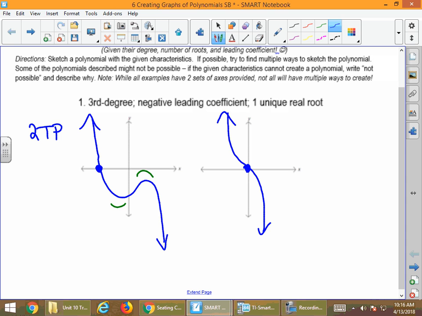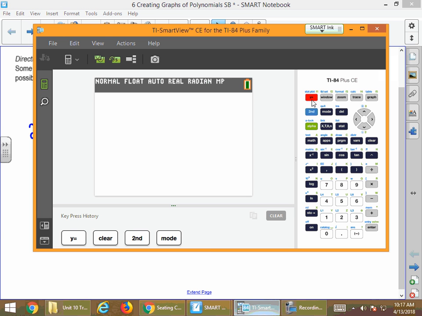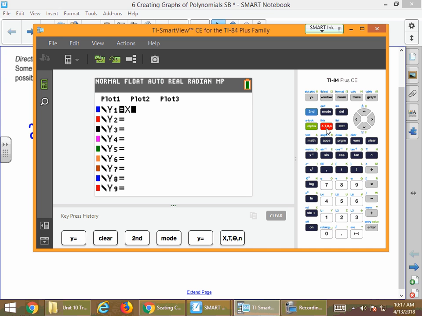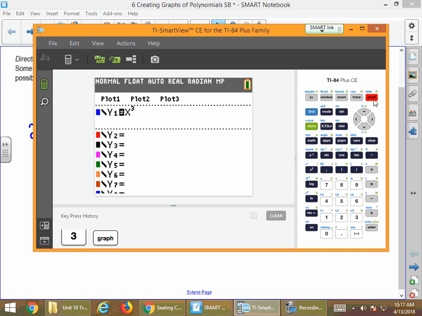If you think about our previous notes, we've been talking about how we have a maximum number of turning points. So at most we can have two turning points, but we don't have to have any. This picture does satisfy the conditions, even though we don't have two turning points. We do have a third degree polynomial. By the way, if I pull this up, the third degree polynomial looks like this, which is what I was trying to draw.